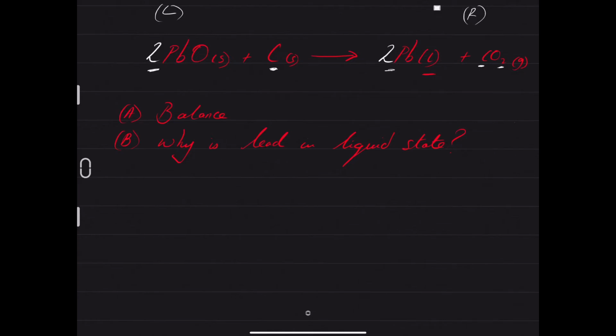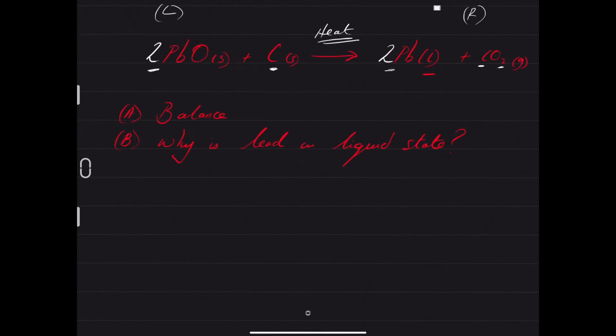The second part is, why is lead in a liquid state? Now, if you remember back to the points I was making about the conditions for reduction by carbon, one of them was heat, that you must heat the carbon along with the metal. So heat is required here, and because it's heat, we have made the metal in a molten state.